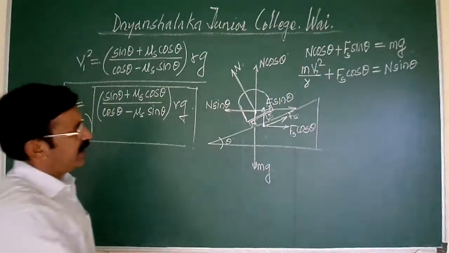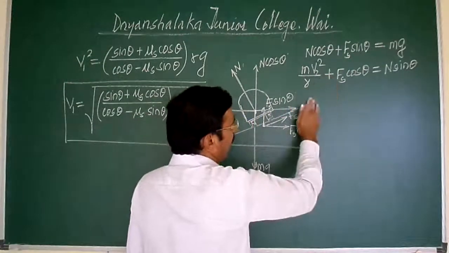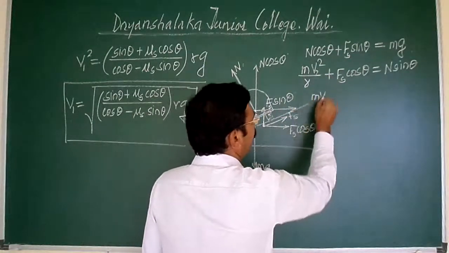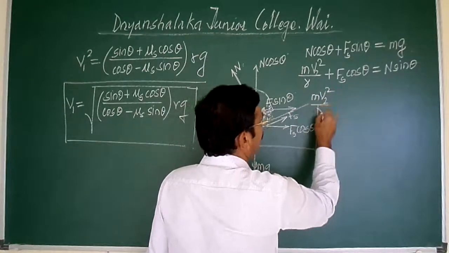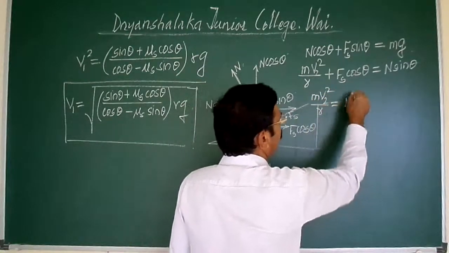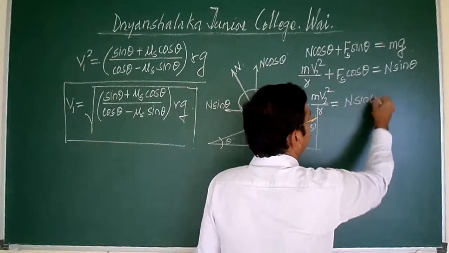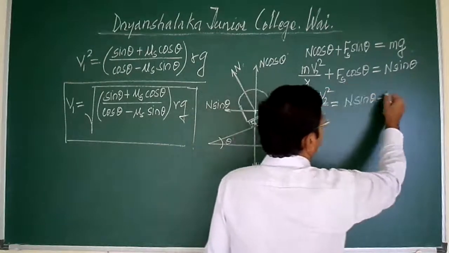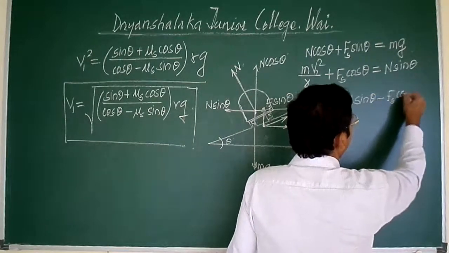So we can express equation number 2 as mv2 square upon r. This will be equal to n sin of theta minus Fs cos of theta.